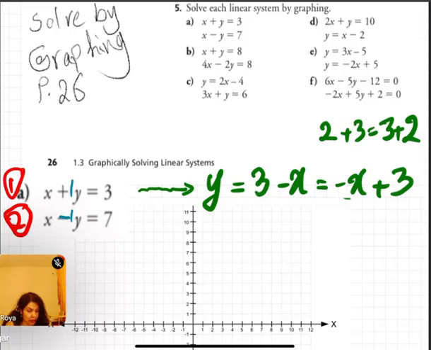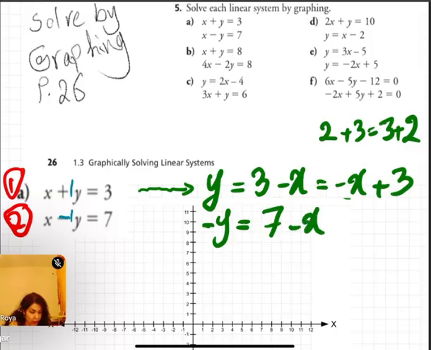Second equation, you have negative y here. So it's going to be negative y equal to 7 minus x.